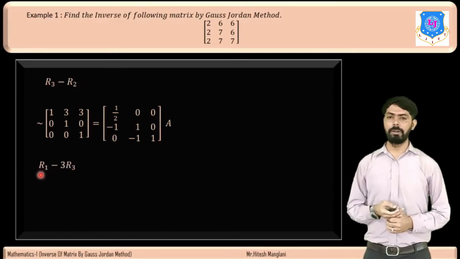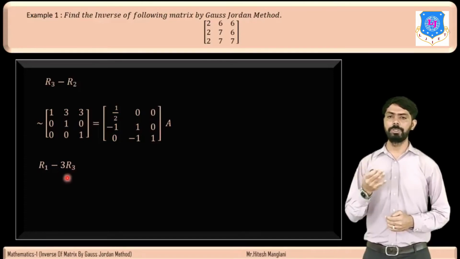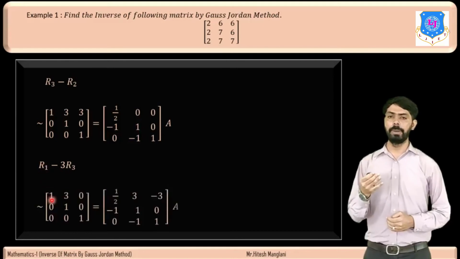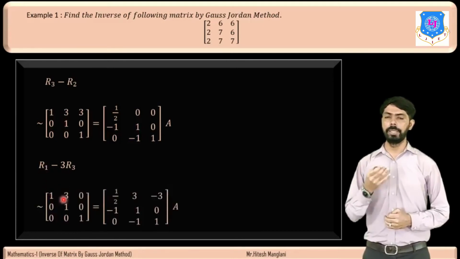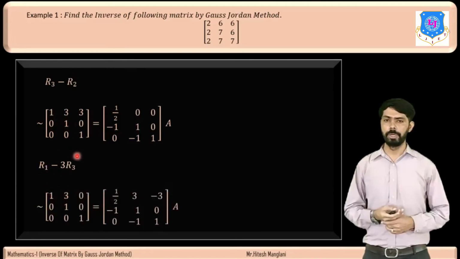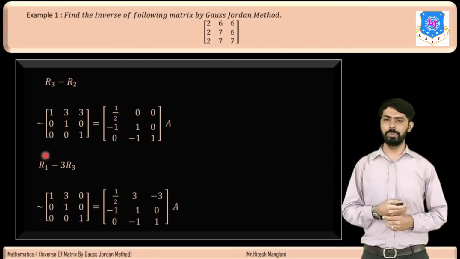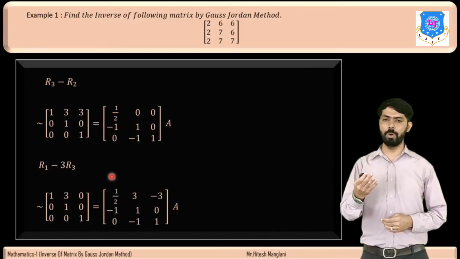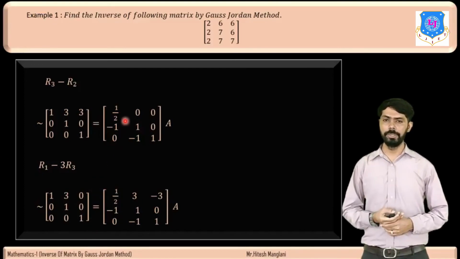So if we apply R1 minus 3R3, the result will be stored in the first row. So here 1 minus 0 will be 1, then 3 minus 0 will be 3, then 3 minus 3 will be 0. Now the second row and third row will be as they are, therefore 0, 1, 0 and 0, 0, 1. Now we will apply this row operation to the right hand side.